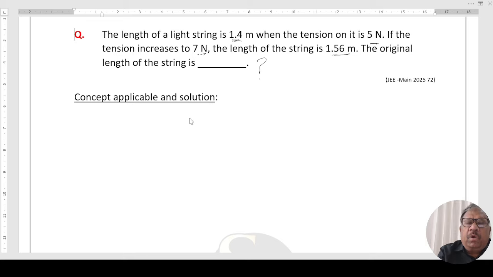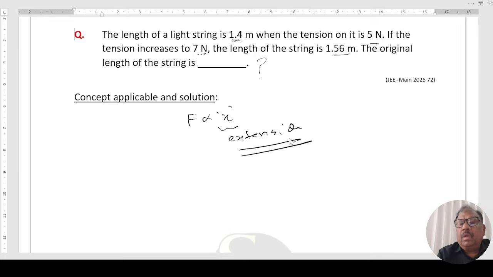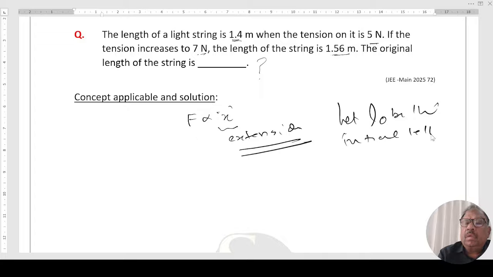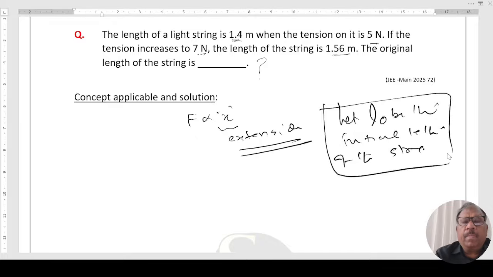Now, according to Hooke's law, F is proportional to x, that is extension in the string, right? Let L not be the initial length of the string, that is original length.